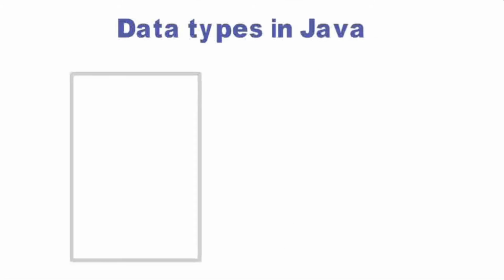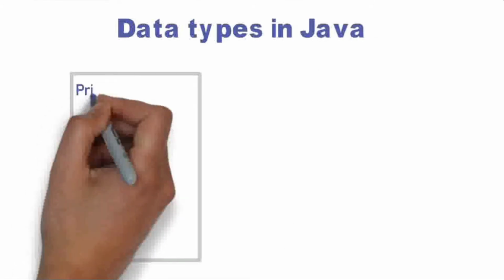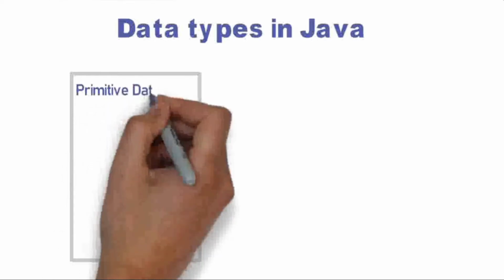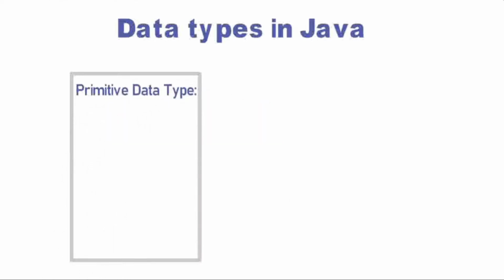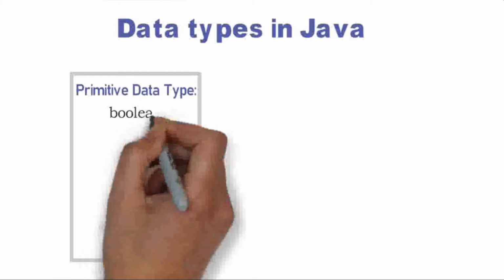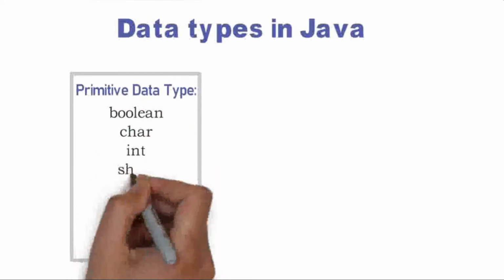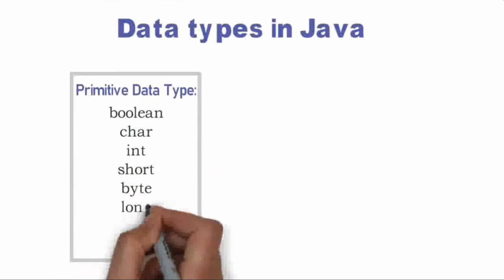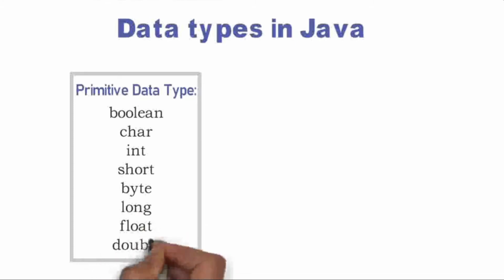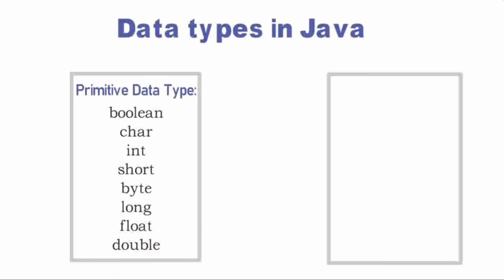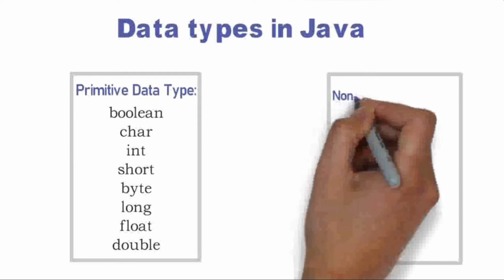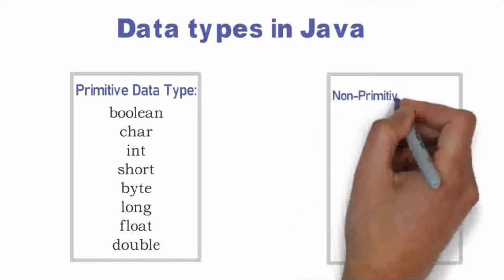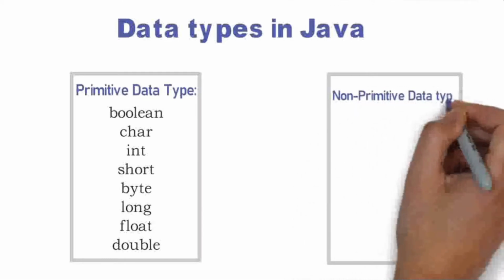Primitive data type. Primitive data types hold only a single value and have no special capabilities. Primitive data types in Java are boolean, character, integer, short, byte, long, float, and double. Non-primitive data types can have collections of various values and special capabilities.